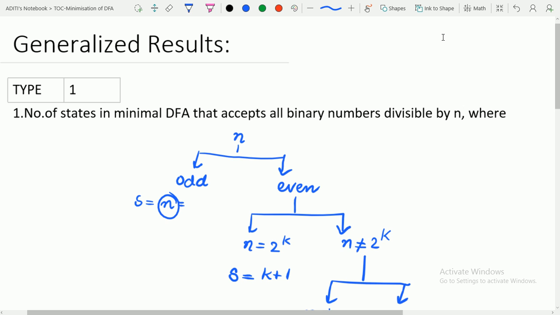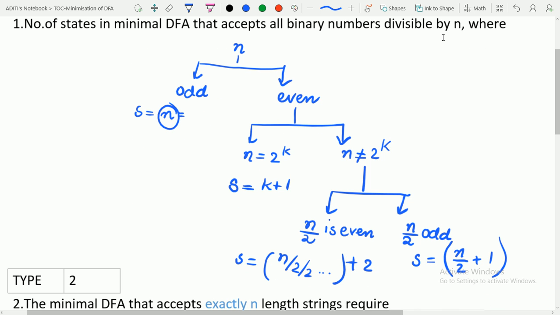This is the generalized rule that specifies the number of states in the minimal DFA that accepts all binary numbers divisible by n, where n is odd or even. If n is even and equal to 2 to the power k, it is k plus 1. If it is not equal to 2 to the power k, then if n by 2 is even, we keep dividing by 2 until we get an odd value, plus 2.